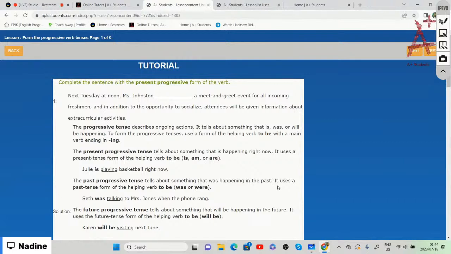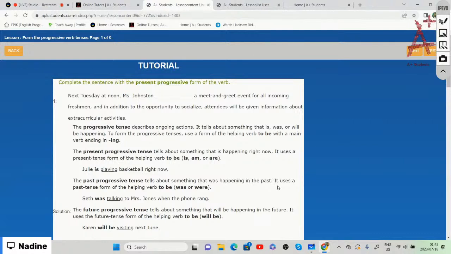All right, then we also have the future progressive tense, which tells about something that will be happening in the future. And remember, whenever you use future tense, we add the word will.